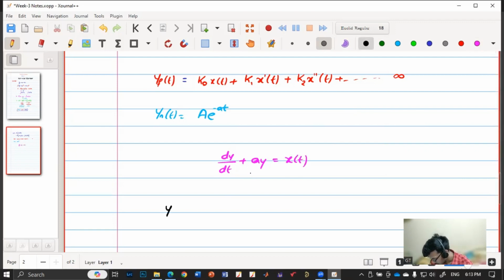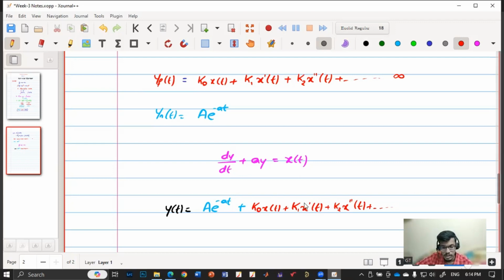The solution is y of t equals two parts. One is a into e to the power minus at, and the other part is k0 x of t plus k1 x dot t plus k2 x double dot t plus so on.